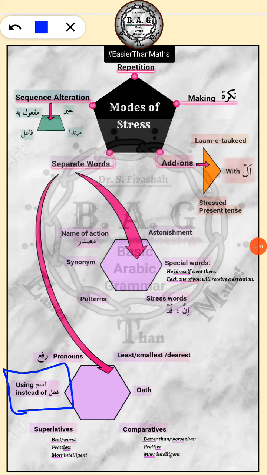Okay, so one of the ways of putting stress over a subject matter is by using the ism form instead of fail. And why does that put stress? That is because an ism is like a permanent thing, it is a timeless thing, okay? Because if you've got an ism, it doesn't depend on its existence in past, present, or future.